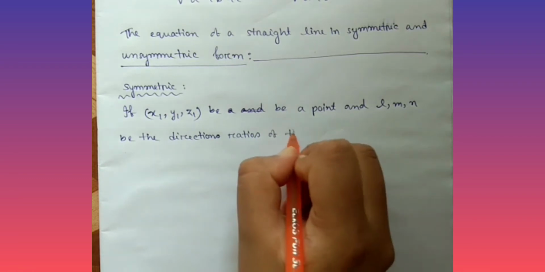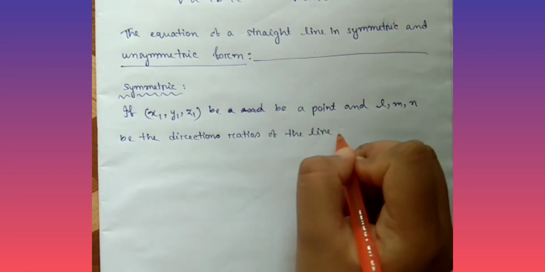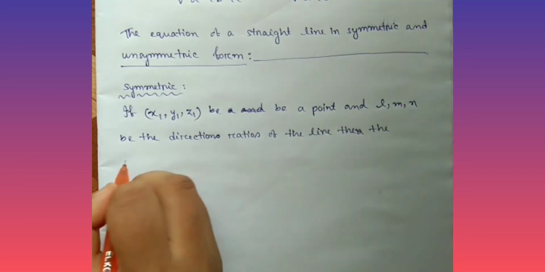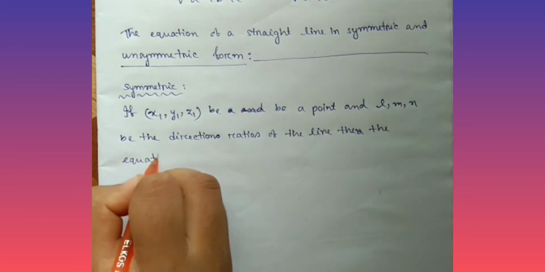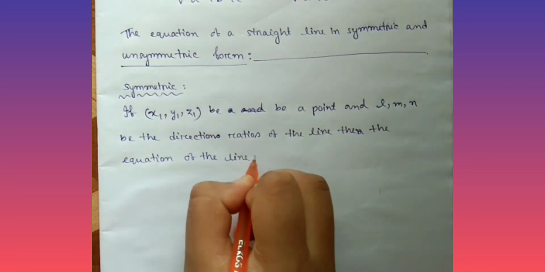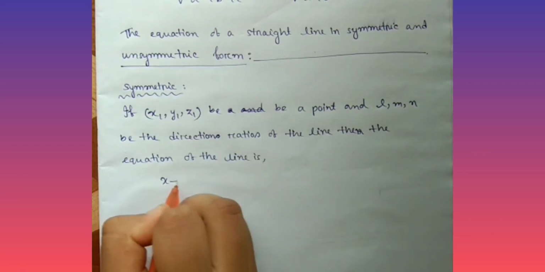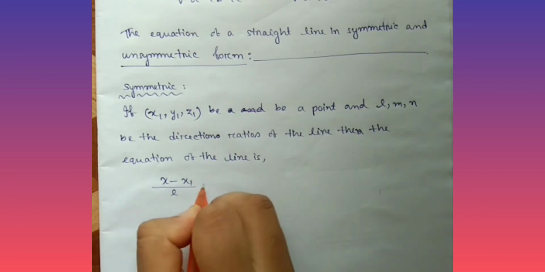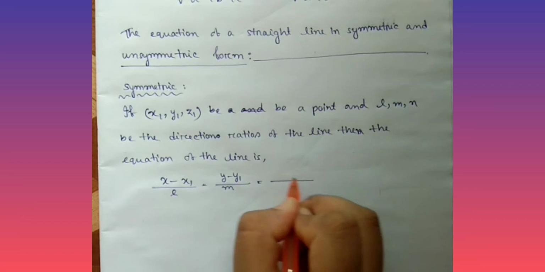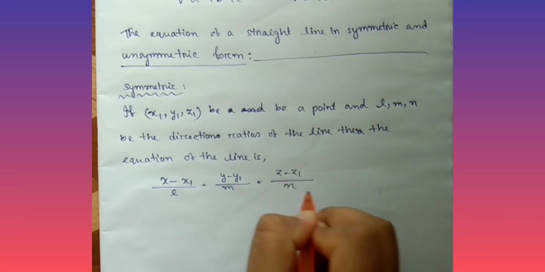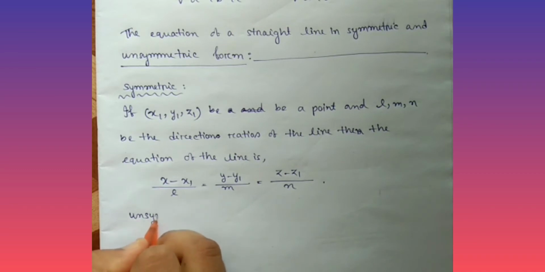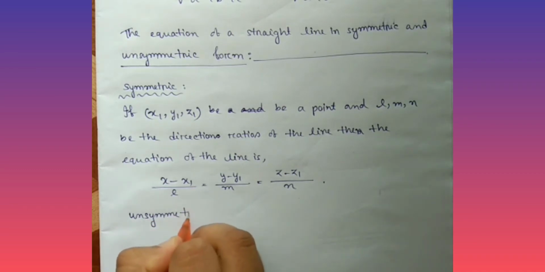If a line passes through a point x1, y1, z1 and has direction ratios L, M, N, then the equation of the line is x minus x1 divided by L equals y minus y1 divided by M equals z minus z1 divided by N, which is the equation of a line in symmetric form.